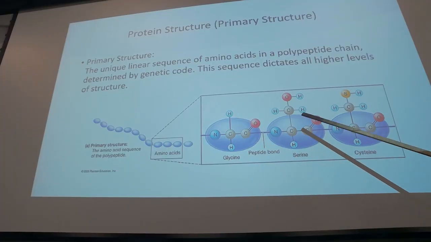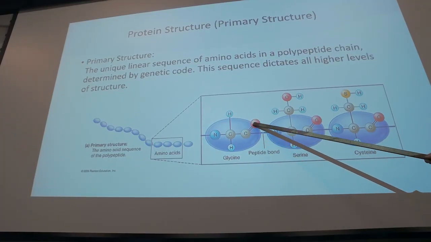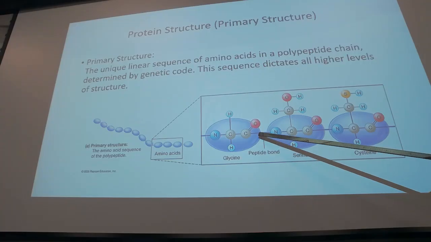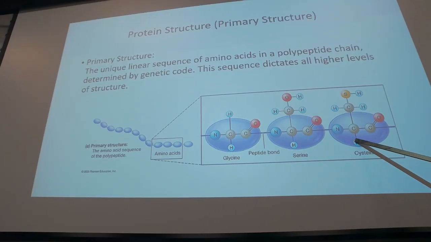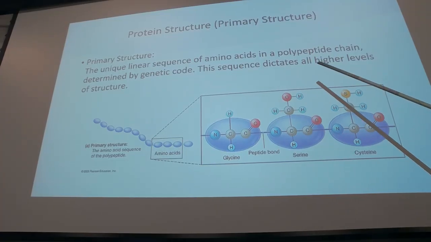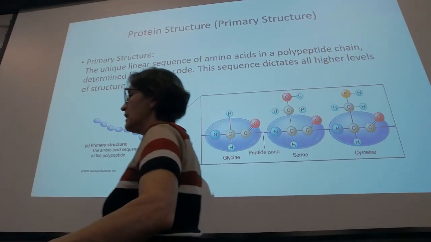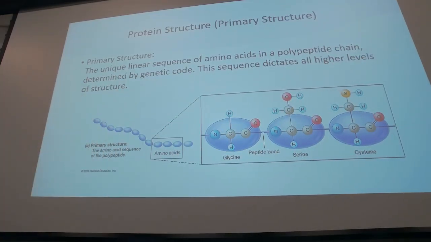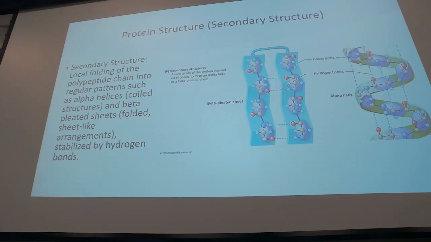If you magnify, you will be able to see that you have here glycine, serine, and cysteine. So the sequence of amino acids is called the primary structure. It's like letters of the alphabet. CAT. That's the primary structure.